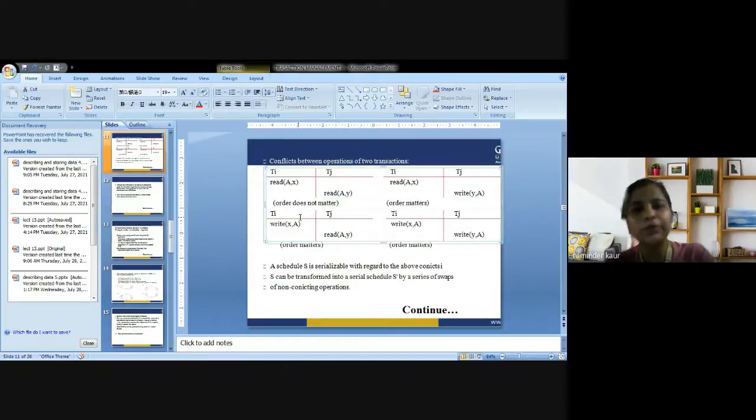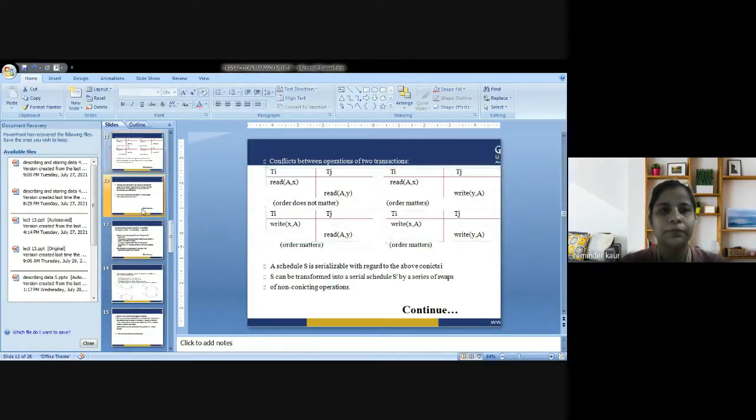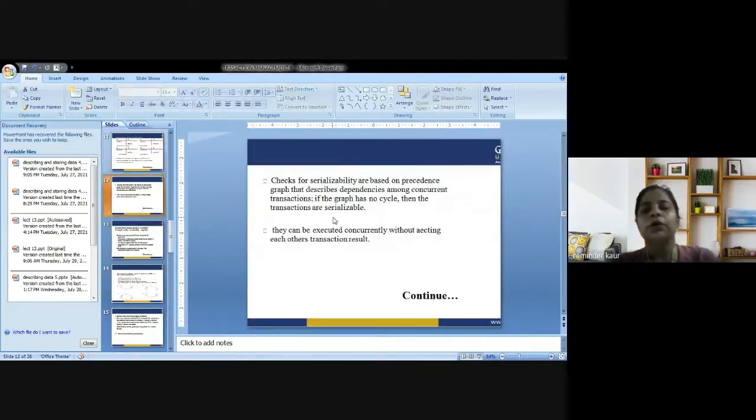So a schedule S is serializable with regard to the above conflicts if S can be transformed into a serial schedule S' by a series of swaps of non-conflicting operations. We can check for serializability based on a precedence graph that describes dependencies among concurrent transactions.